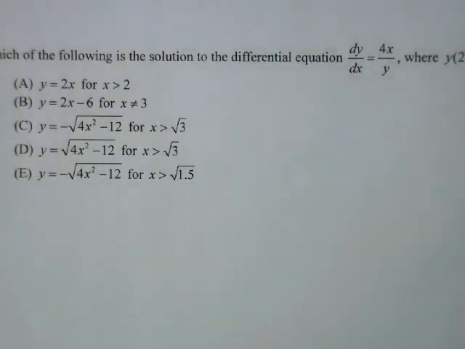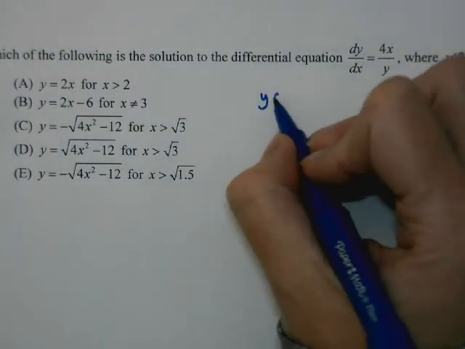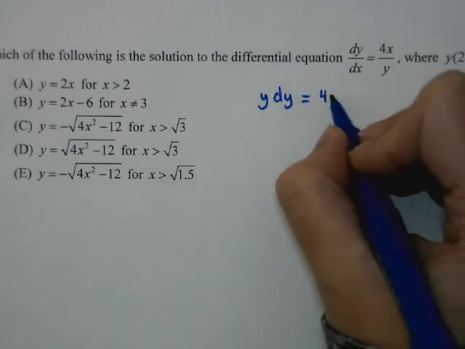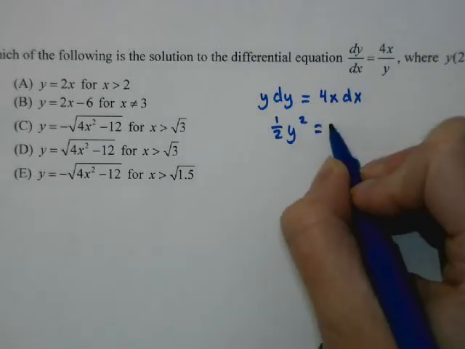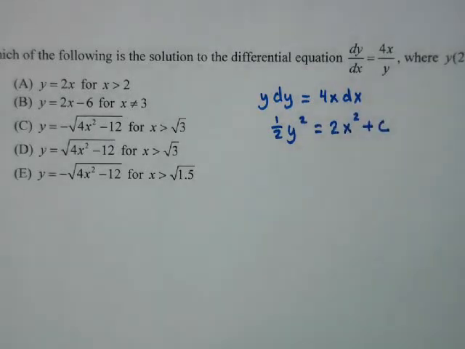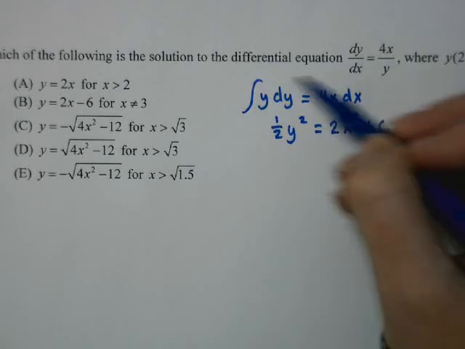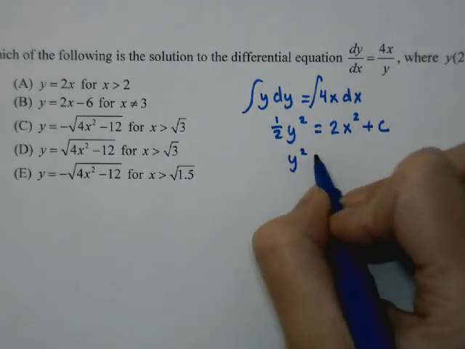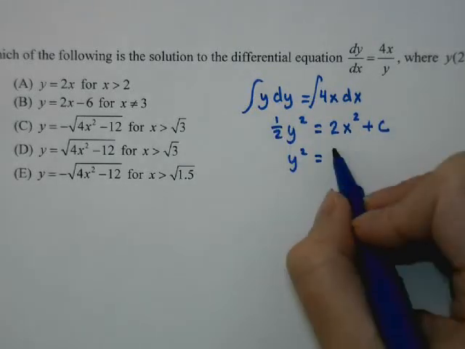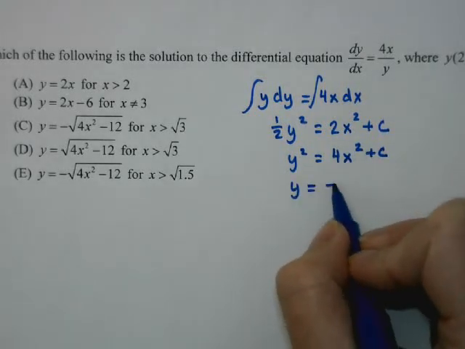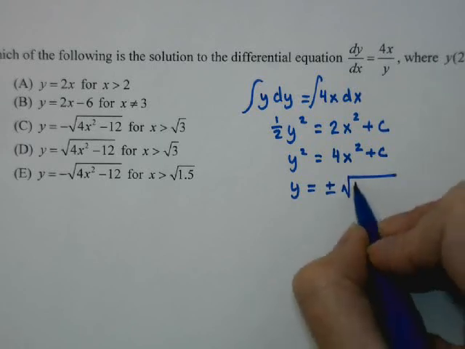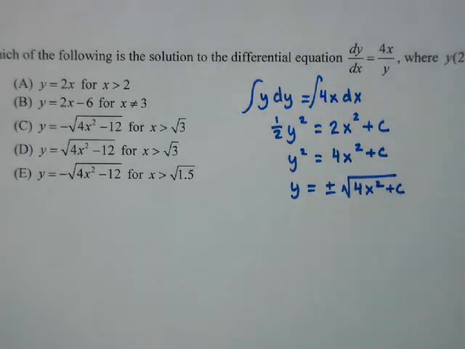Okay, so we have one more here. We have a differential equation and an initial condition of 2, negative 2, and we're figuring out which of these satisfies that. So we have y dy equals 4x dx. 1/2 y squared is going to equal 2x squared plus c. Okay, so y squared is going to equal, I'm going to multiply by 2, so 4x squared plus c. So y is equal to plus or minus the square root of 4x squared plus c.